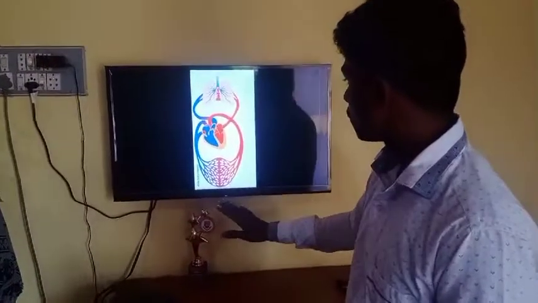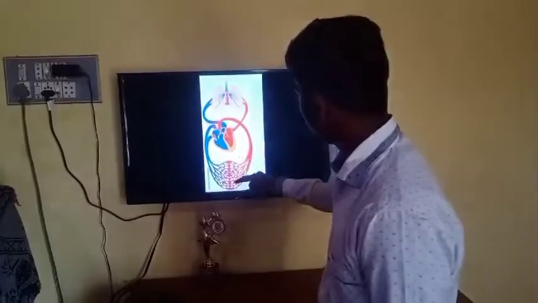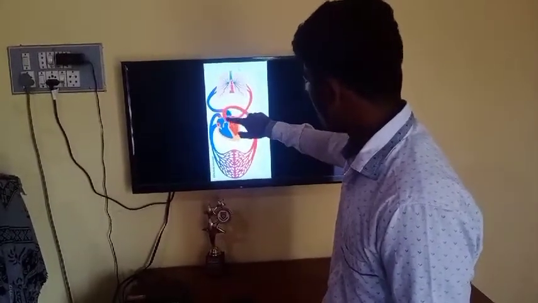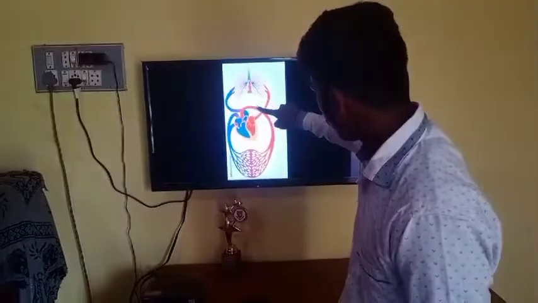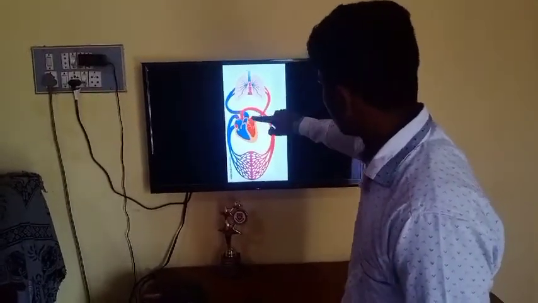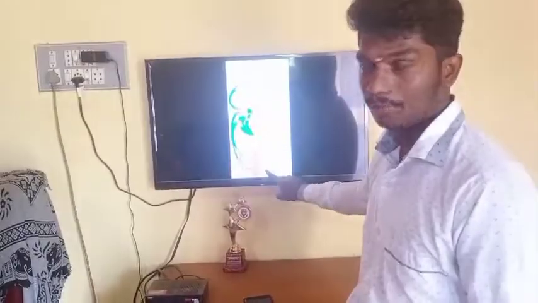Let us imagine it first. When the blood transfers from the heart, let us take this as the aorta. And here the oxygenated blood comes out. The oxygenated blood comes out from the aorta to the internal organs. Here the internal organs are there.